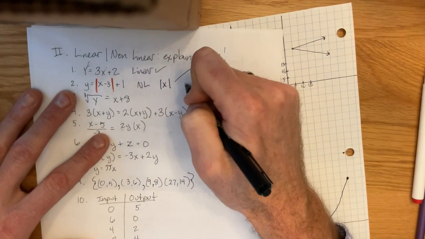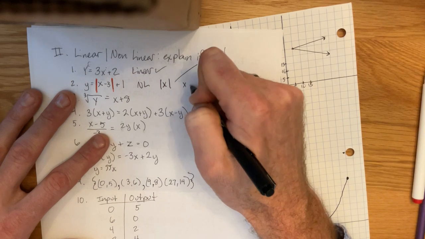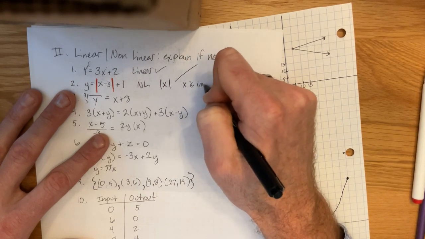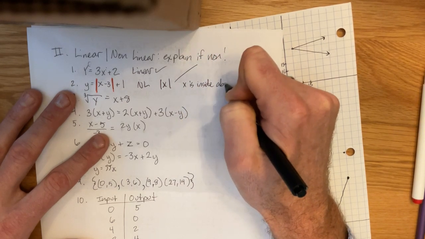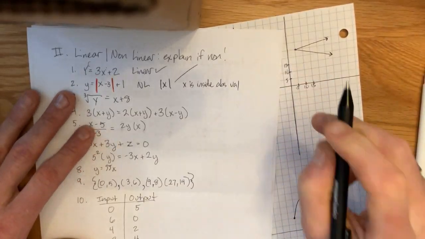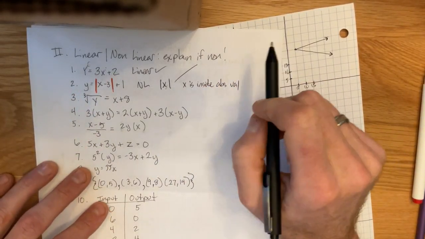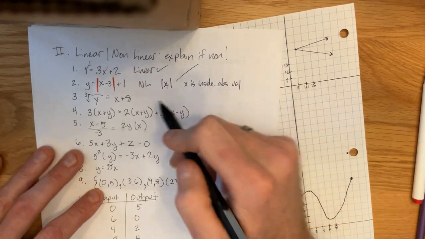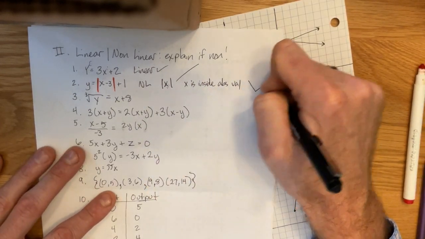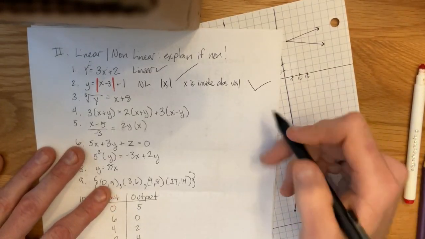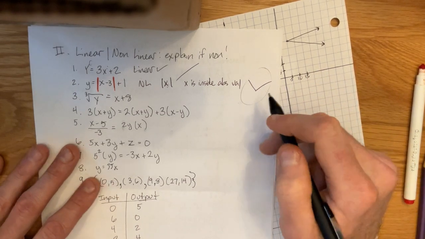If you want to write out the words, x is inside absolute value, that's fine too. I would want to write less personally. And so that's not linear, and that's going to give us a graph that looks kind of like that, right? And we can all identify that's not a straight line.